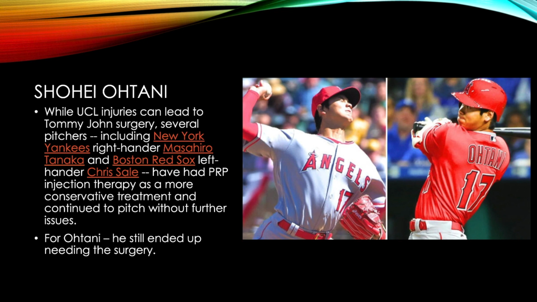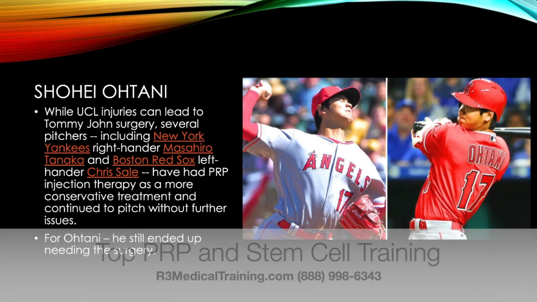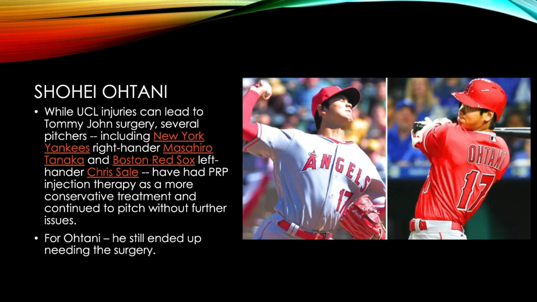Several pitchers, New York Yankees right-hander Masahiro Tanaka, and Chris Sale of the Boston Red Sox, had PRP therapy injection as conservative treatment and continued to pitch. Ohtani, unfortunately, he did well initially. He was able to finish the season, I believe, in 2017. And then he did end up needing surgery after the season was over. But it did allow him to at least finish the season before he needed the surgery.